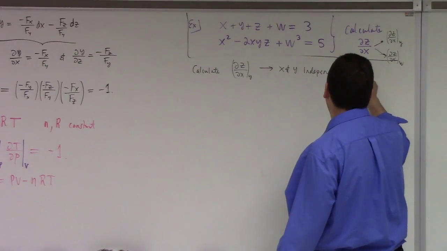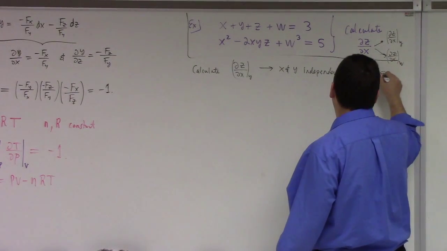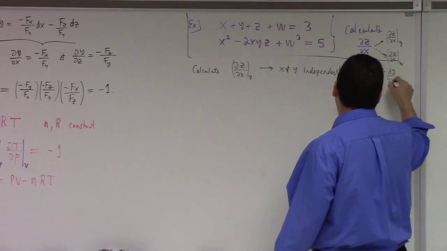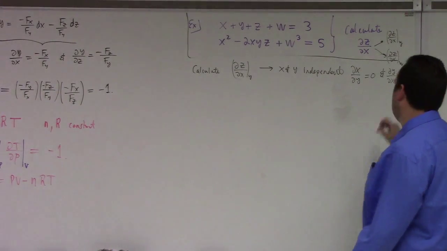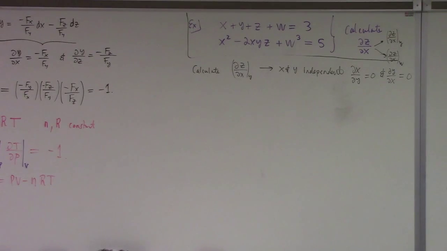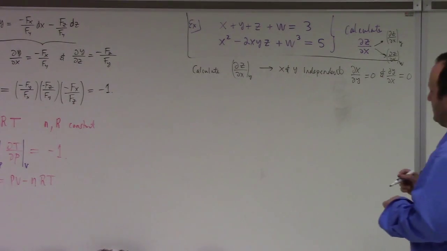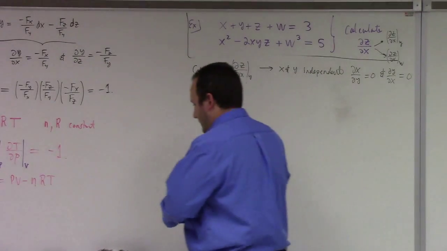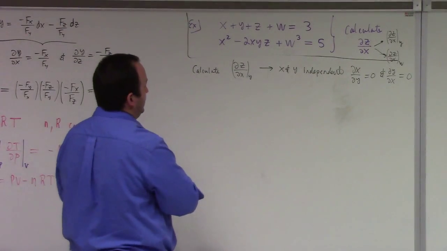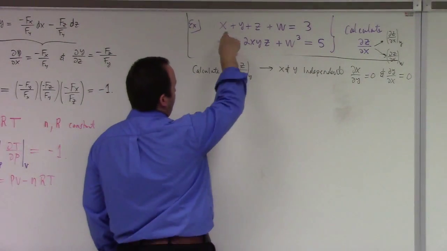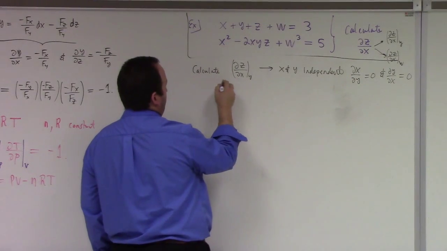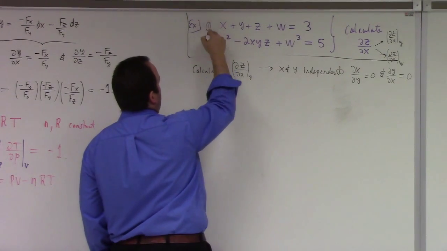Partial x, partial y is equal to 0, and partial y, partial x is equal to 0, so that they have no bearing on one another. So I use the given constraint equations and differentiate with respect to x. We call this 1 and this 2.